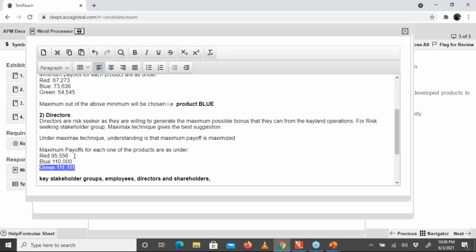Now, the maximum value from the above is of product green, and hence product green is to be manufactured. Kindly look at it and confirm to me. I repeat, kindly look at it and confirm to me.